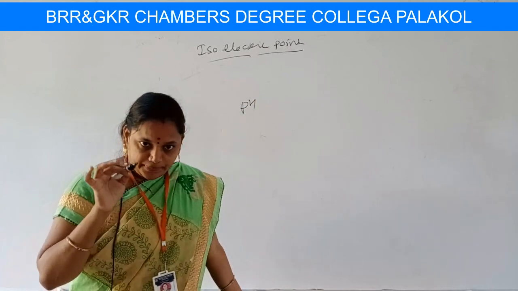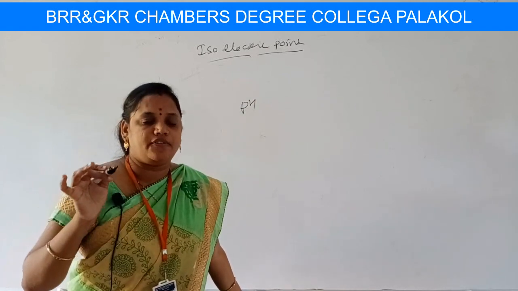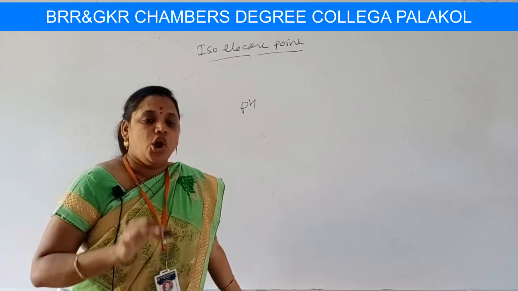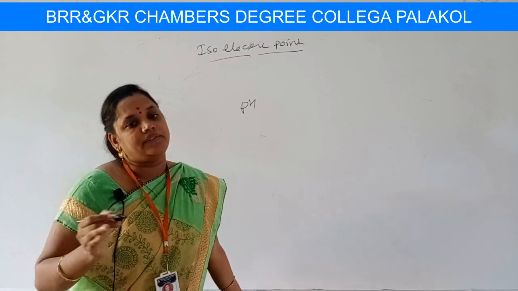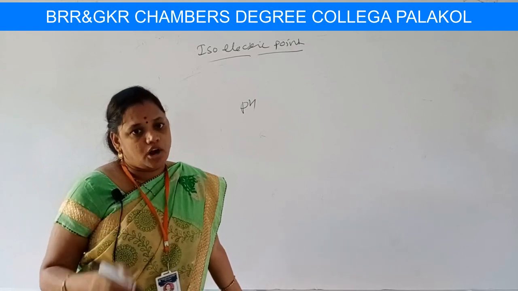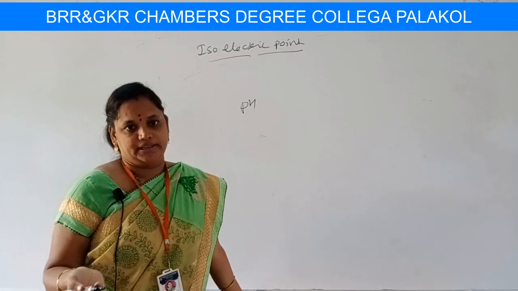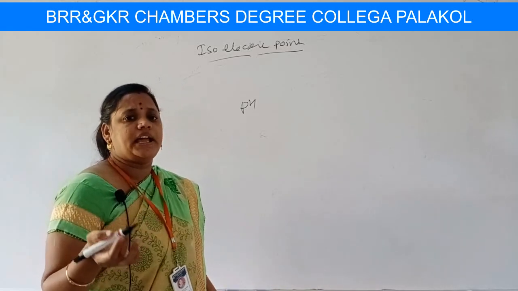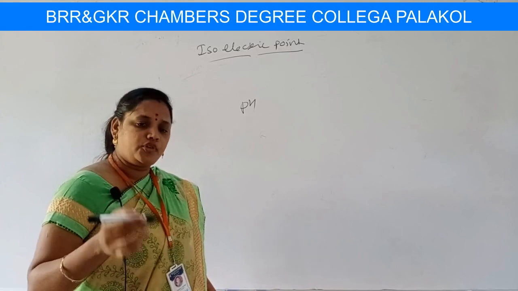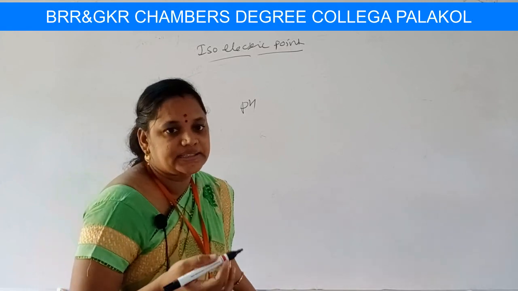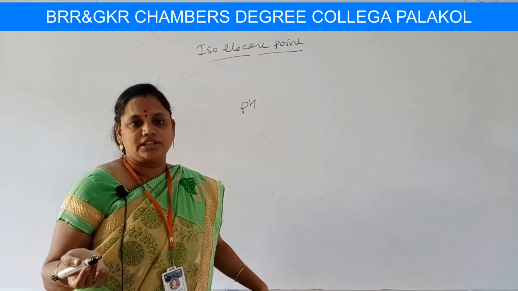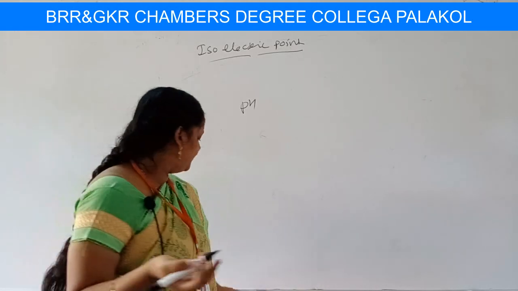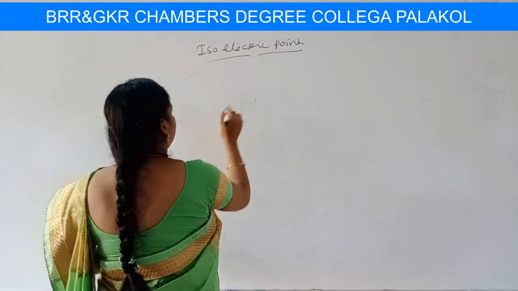Okay, at a particular pH, there is no migration of ions of amino acids when they are placed in an electric field towards positive and negative electrodes. That point is called the isoelectric point. Generally, all the amino acids are neutral. Of course, we have acidic amino acids and basic amino acids also, but most of the amino acids are neutral amino acids.